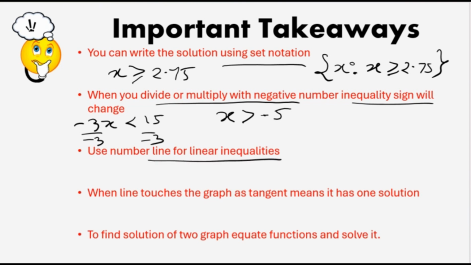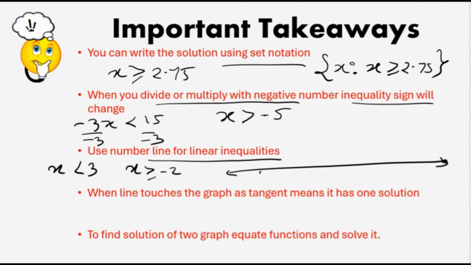Use a number line for linear inequalities. For example, I have two inequalities, x less than 3 and x greater than or equal to minus 2. Draw a number line. I can put the numbers minus 2, minus 1, 0, 1, 2, 3, 4. This inequality is x greater than or equal to minus 2. So when it is greater than or equal to, we put a filled dot and I can draw this inequality.